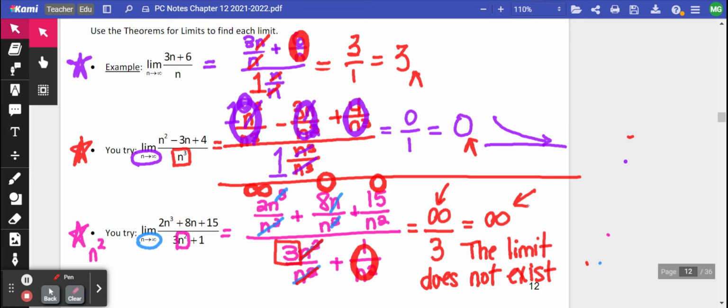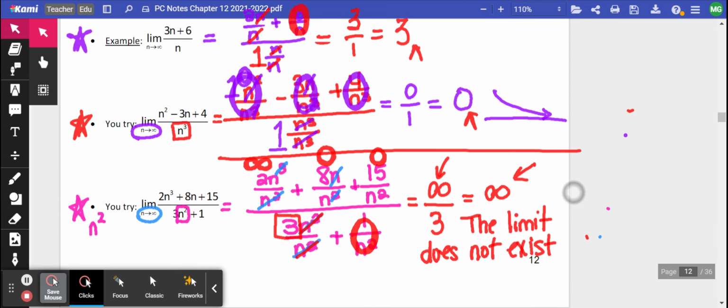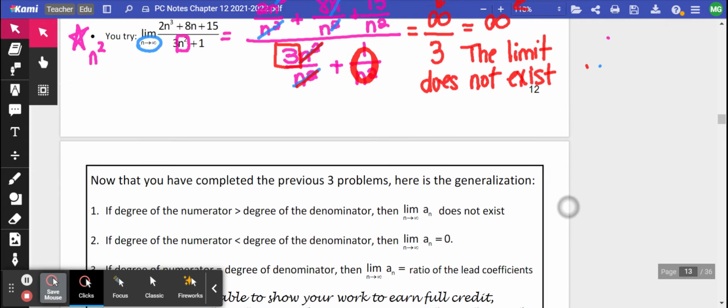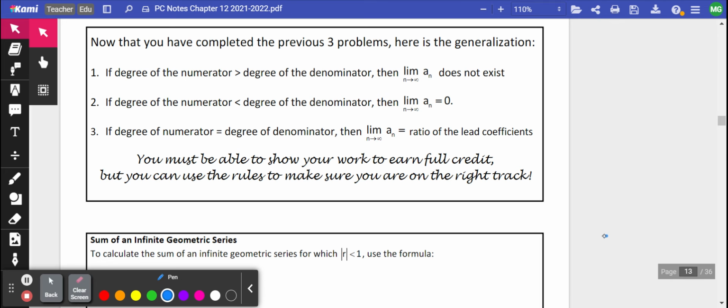There's a little bit of a shortcut, and that's going to be on the next page. Now again, you have to know how to do this, but I'm going to show you the shortcut right now. If the degree of the numerator is bigger than the degree of the denominator, then the limit does not exist.